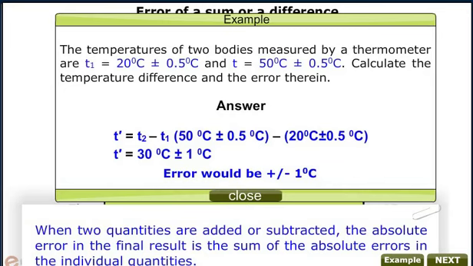The answer is T dash equals T2 minus T1, that is 50 degrees Celsius plus minus 0.5 degrees Celsius minus 20 degrees Celsius plus minus 0.5 degrees Celsius. Therefore, T dash equals 30 degrees Celsius plus minus 1 degree Celsius.